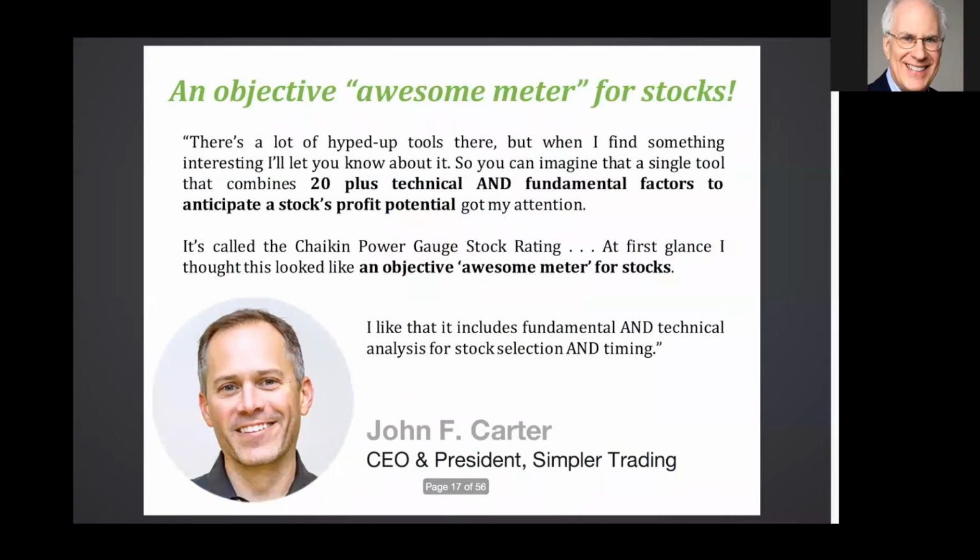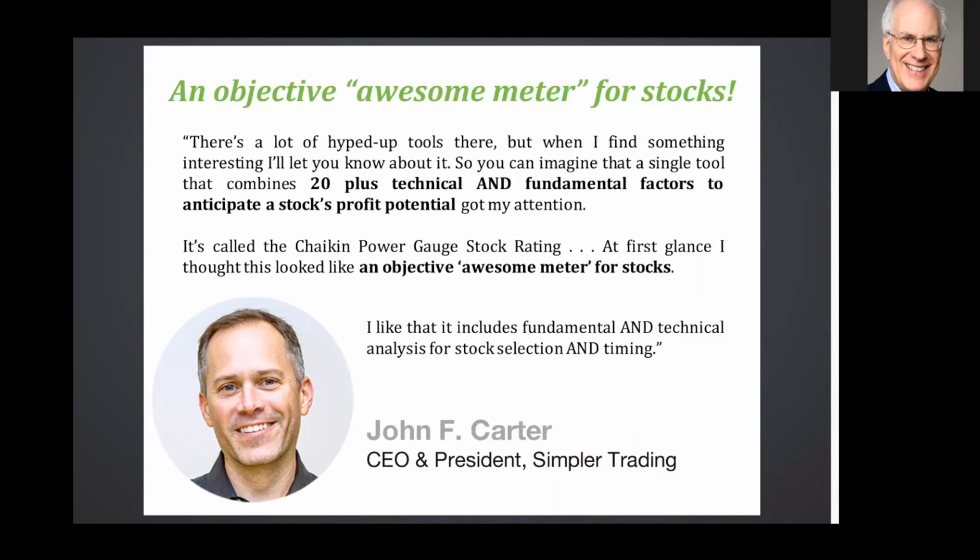Now, John Carter, who is a great trader, that's as terse an endorsement as I could ever give you, looked at the Chaikin power gauge rating and called it an objective, awesome meter for stocks because it combines 20 plus technical and fundamental factors to gauge a stock's potential.